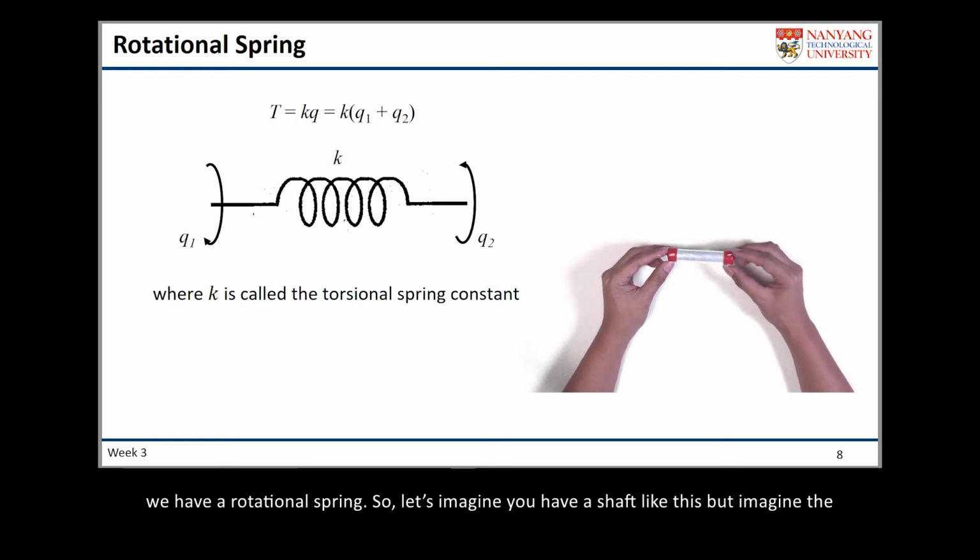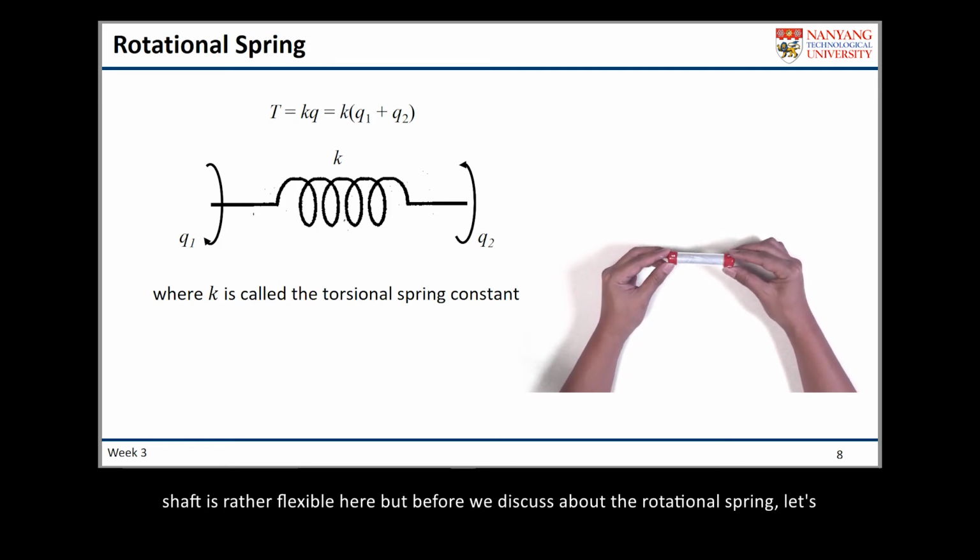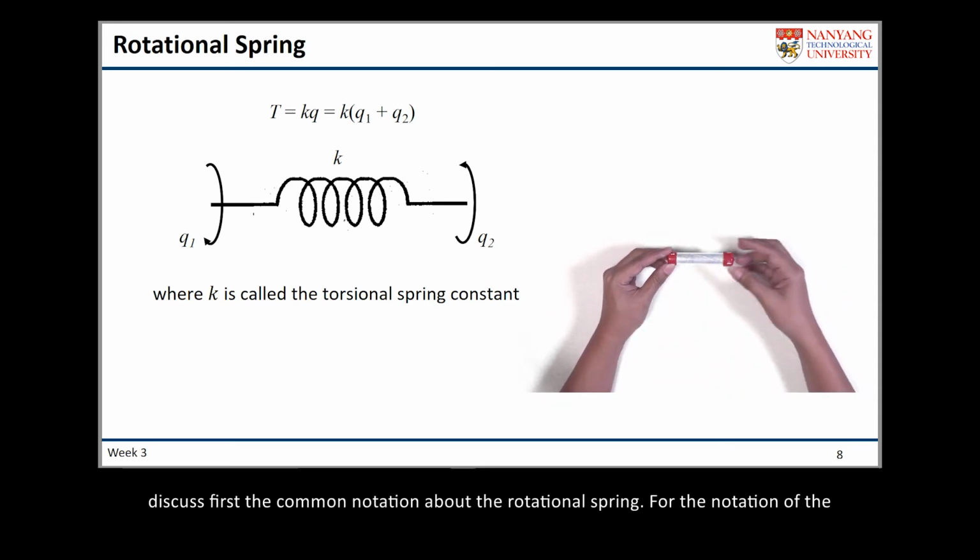So let's imagine you have a shaft like this, but imagine the shaft is rather flexible here. But before we discuss the rotational spring, let's first discuss the common notation for the rotational spring.